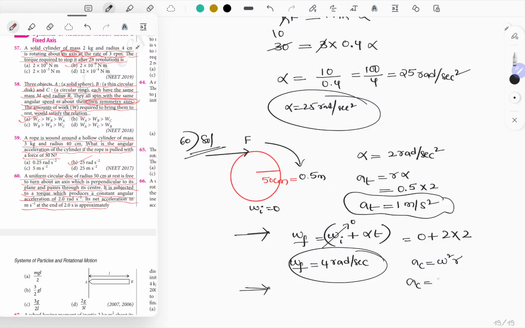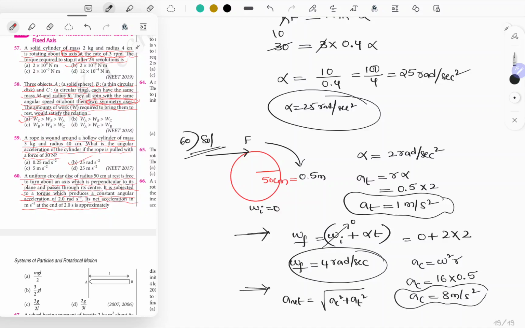AC is equal to 4 square, in the sense 16, R is 0.5, which is equal to 8 meter per second square.